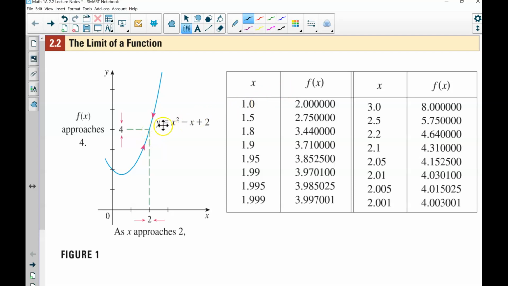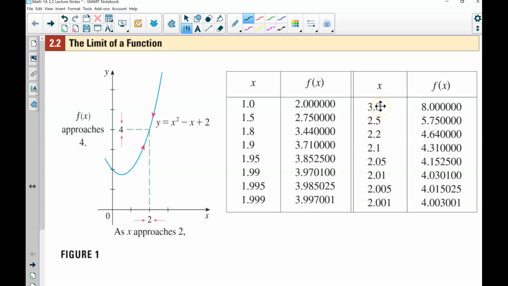So in fact, it appears that we can make the values of f of x as close as we like to 4 by taking x sufficiently close to 2. So if you look at your x values, we're getting closer and closer to 2, and then f of x is getting closer and closer to 4. Same thing on this side.